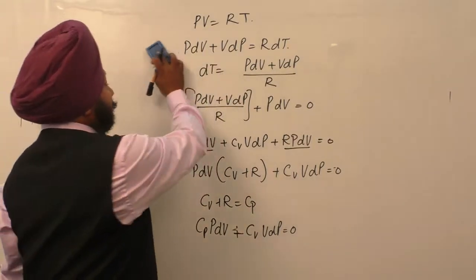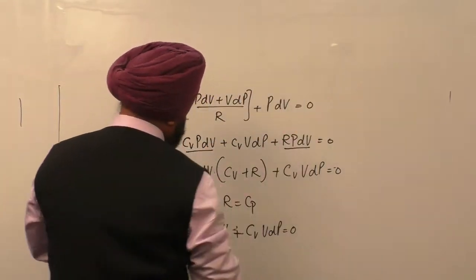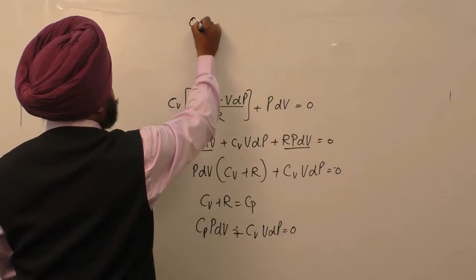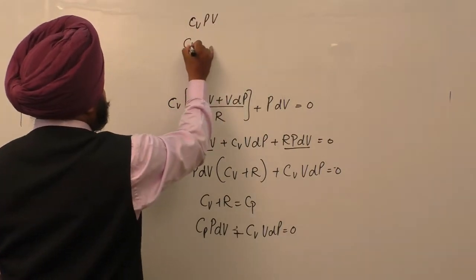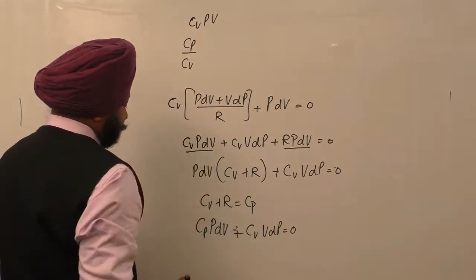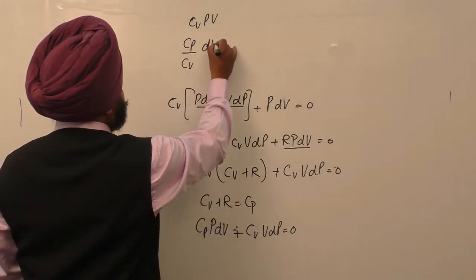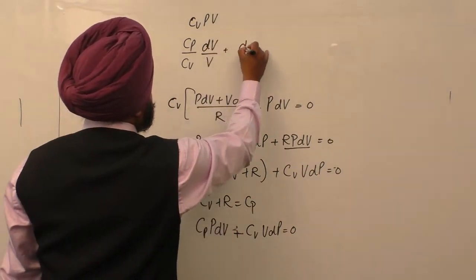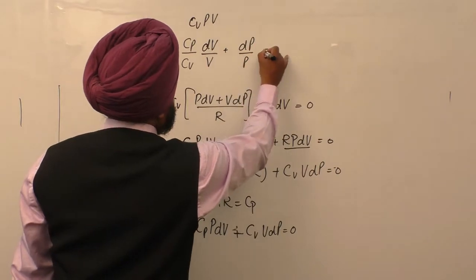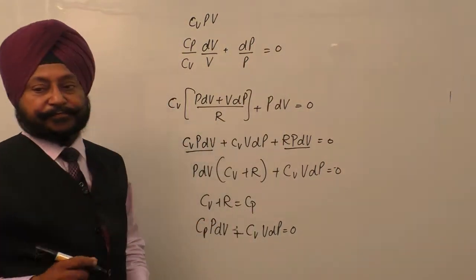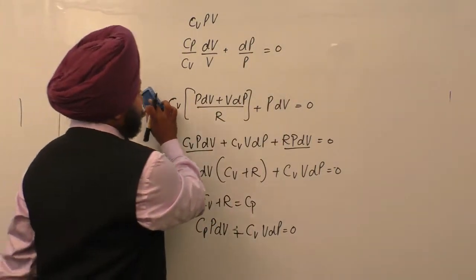Now since we need only pressure and volume, we will divide this equation by Cv into PV to get something like this: Cp over Cv, and this will be dV by V plus dP by P will be equal to 0.